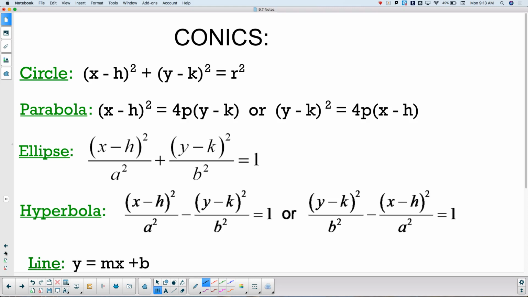You know that an ellipse is (x minus h) squared divided by a squared plus (y minus k) squared divided by b squared equals 1. A hyperbola is very much like an ellipse, except it's subtraction, and the x's might come first, the y's might come first. And I'm just refreshing your memory that a line is y equals mx plus b. So we got all of those different things that we are going to be intersecting.